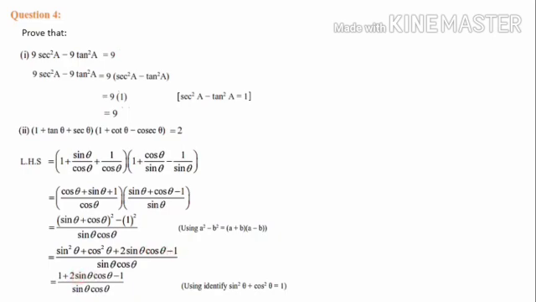Here plus 1 and minus 1 cancel, and the remaining terms are 2 sine theta cos theta divided by sine theta cos theta. Sine theta cos theta in the numerator and denominator cancel and we get 2. So 2 is the answer, that is our right hand side. Hence proved.